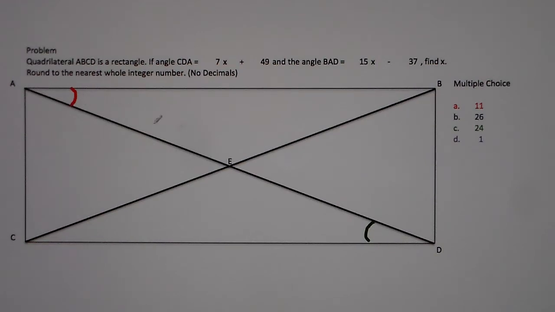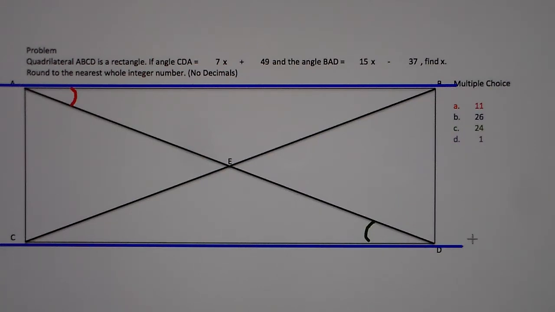Well, I can see that this is alternate interior angles by definition of that. Alternate interior angles. So let's highlight that so you see a little bit more of what I mean. So the line AB and the line CD are those two parallel lines like we're used to seeing.